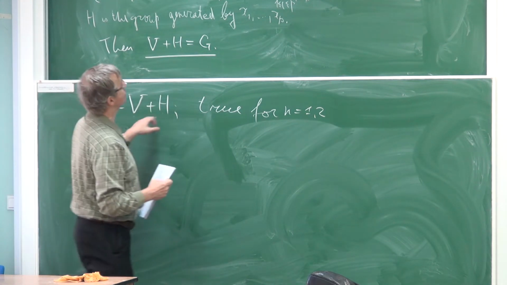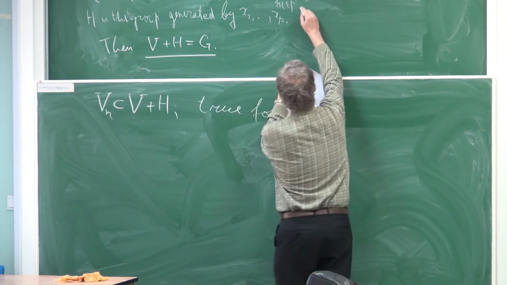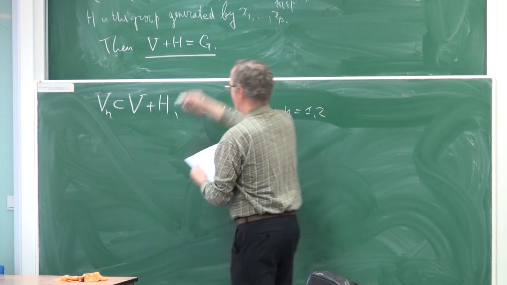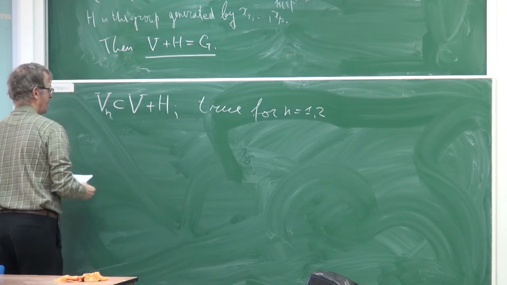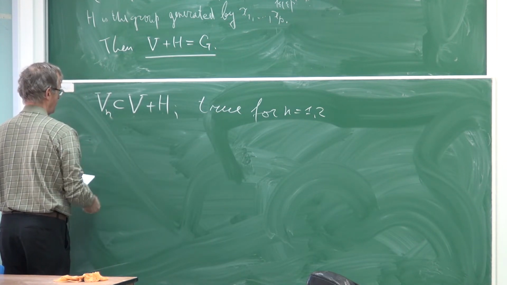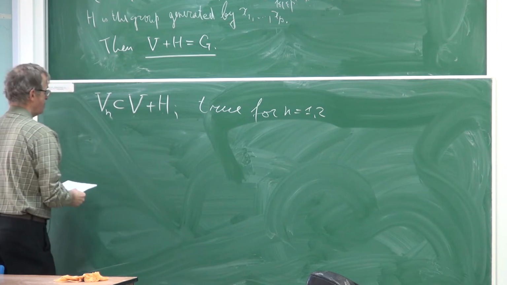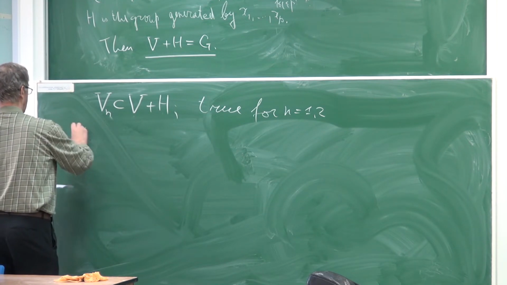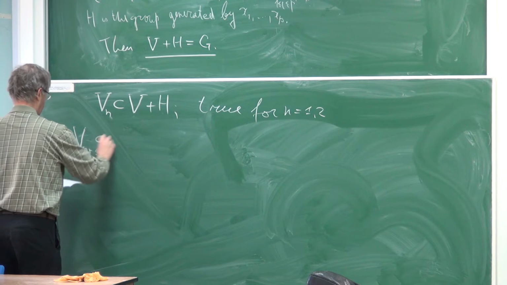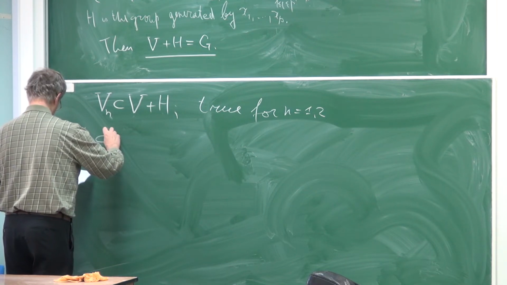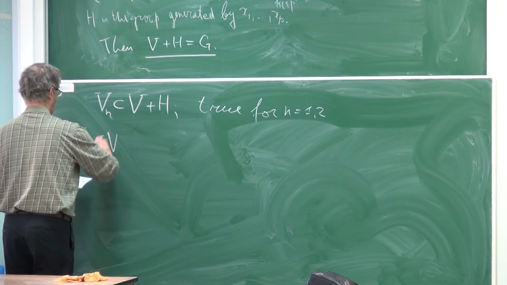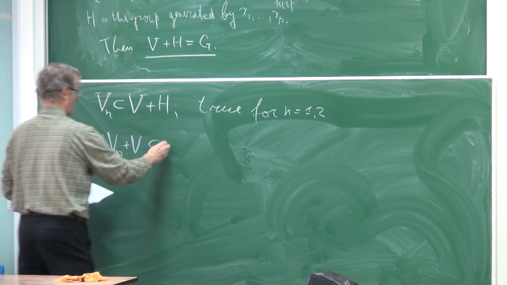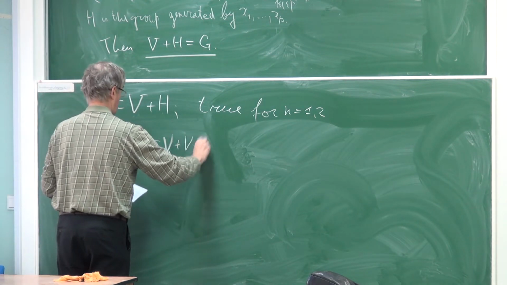And if n is equal to 2, then we have this inclusion. And now, since it is true for n equal to 1 and 2, it is easily seen that this is true for all n, because suppose this is true for some n, then consider Vn plus 1. It is equal to Vn plus V, and this is included in V plus H.